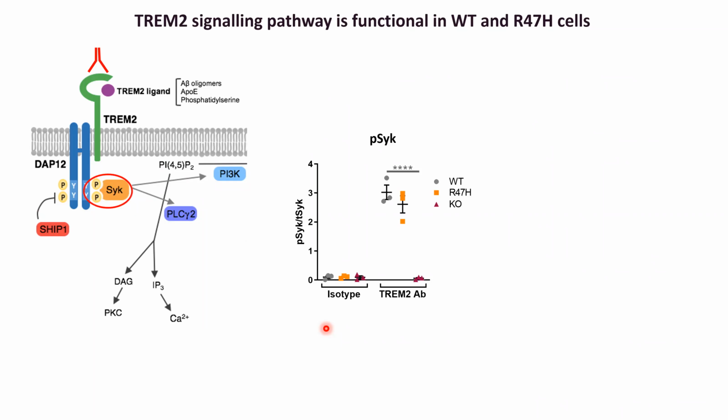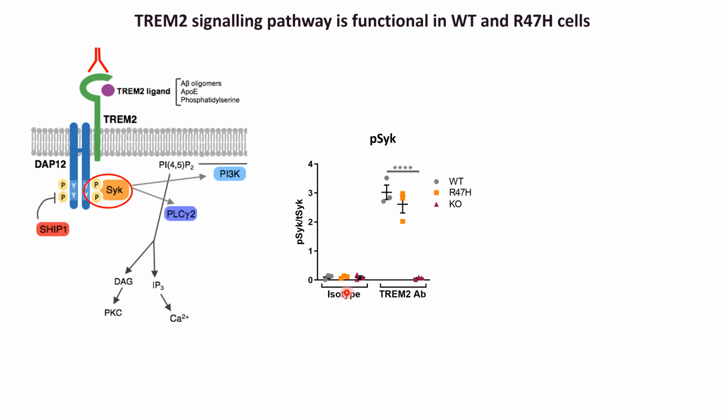Then she looked to see whether the signaling pathway was intact in these cells, and indeed it is. So if you activate TREM2 with an activating antibody, then it leads to phosphorylation of SYK, and this is shown here.